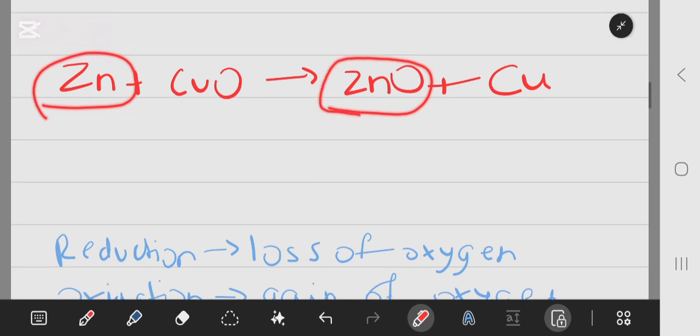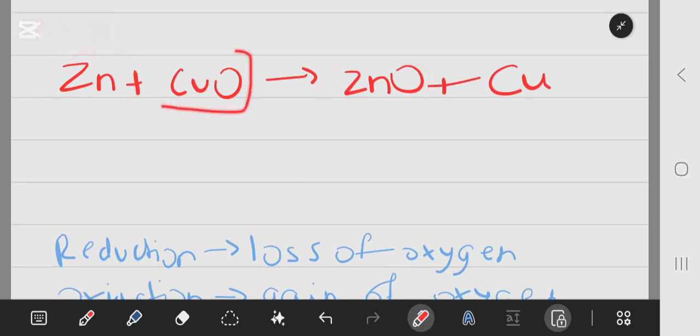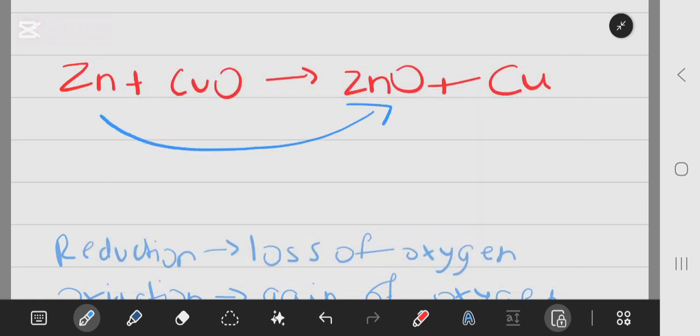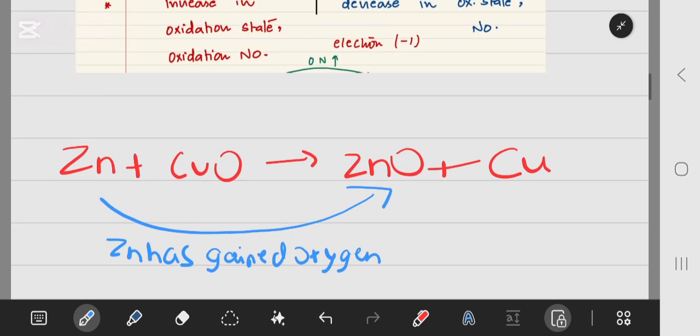On the other hand, copper oxide on the reactant side is bonded with oxygen previously, and after the reaction has taken place, it has lost its oxygen. So we can conclude that zinc has gained oxygen and copper has lost oxygen.